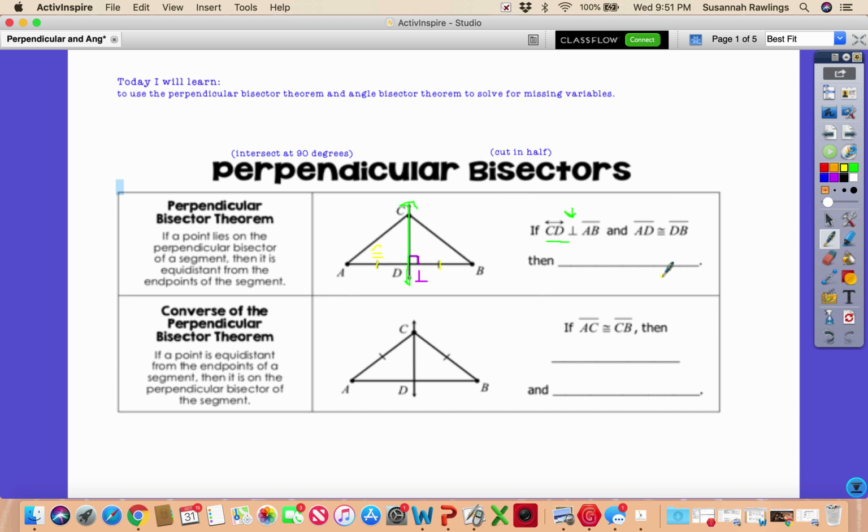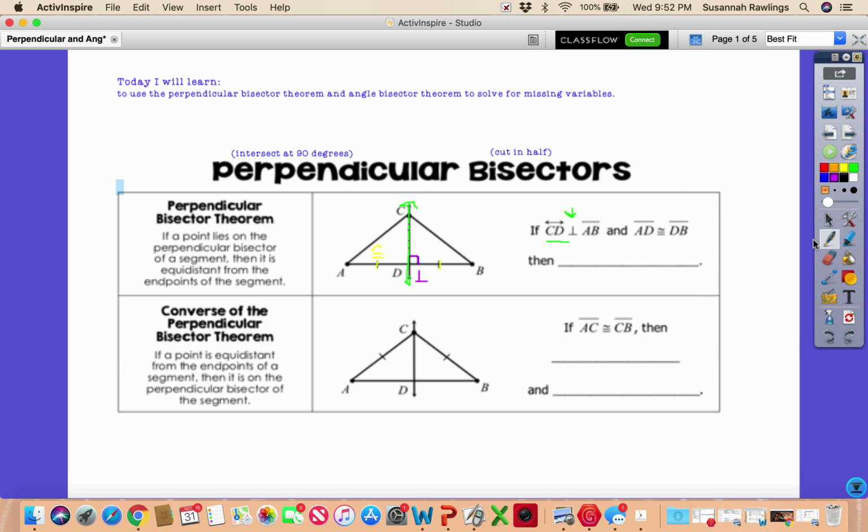So wherever you are on this line, for example at point C, we know it's the same distance to A as it is to B. I could pick any point along this line, here, here, here, here. It's going to be that same distance away. You don't have to draw this, but if that were my figure there, that would be the same distance, and so on and so forth.